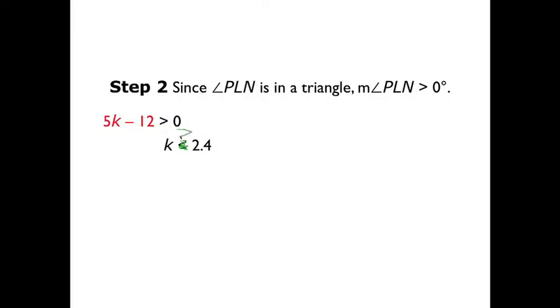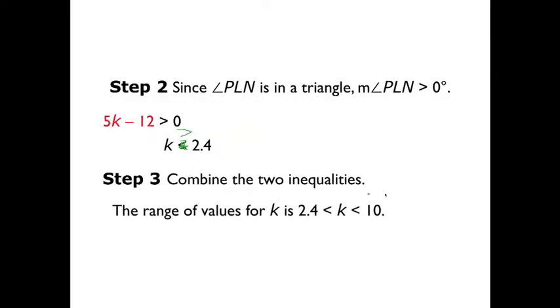So if k has to be greater than 2.4 and less than 10, then I have to have a number somewhere between 2.4 and 10. Combining these two inequalities gives me my compound inequality: 2.4 is less than k, which is less than 10. That means k is a bigger number than 2.4, but a smaller number than 10. And as long as I pick a value like that for k, then it works with the triangle.